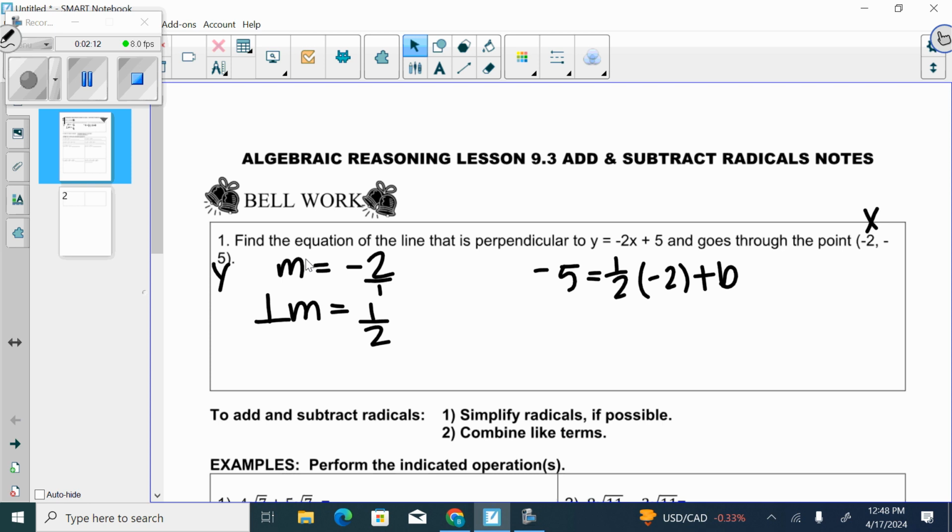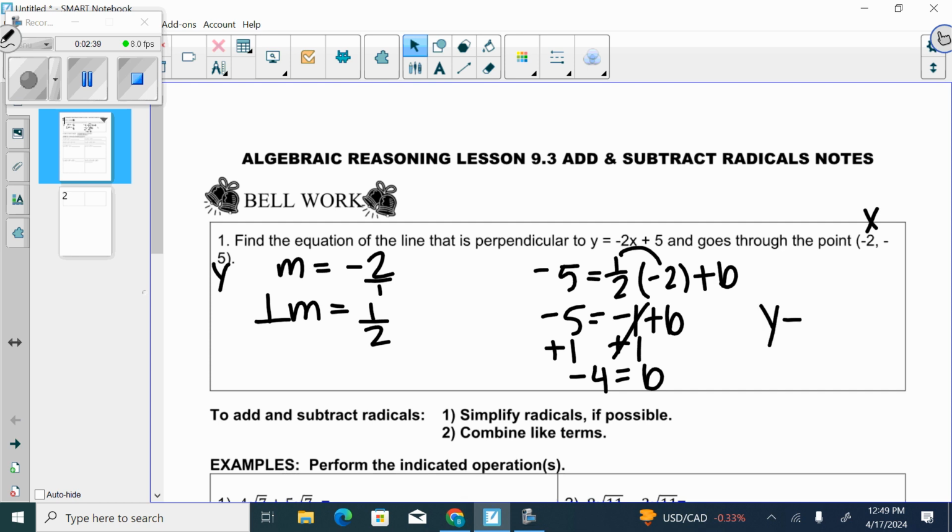So what do you think we should do first? Multiply. What is 1/2 times negative 2? Negative 1. So I got negative 5 is equal to negative 1 plus b. Add 1. Right. Nice. Now that I know what b is, I can write the equation.